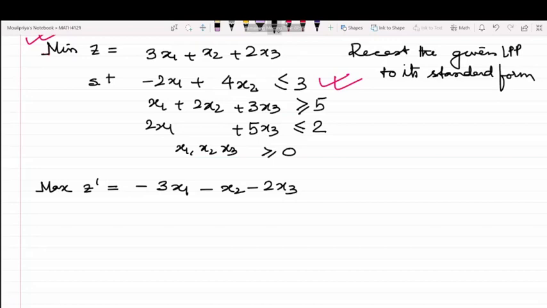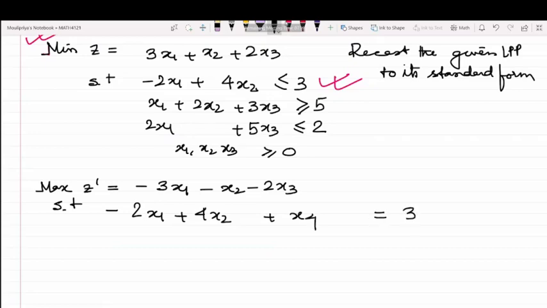We need to add a variable towards the left. So can I make it minus 2x1 plus 4x2 plus x4 equal to 3?